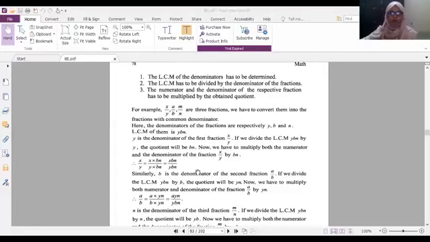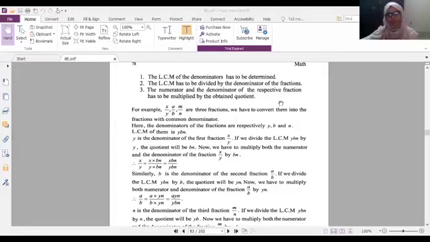Now, this LCM divided by this denominator from fraction 1, we get ybn by y is equal to bn. Step 3 says the numerator and the denominator of the respective fraction have to be multiplied by the obtained quotient.